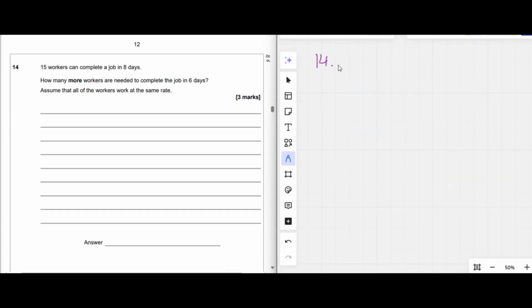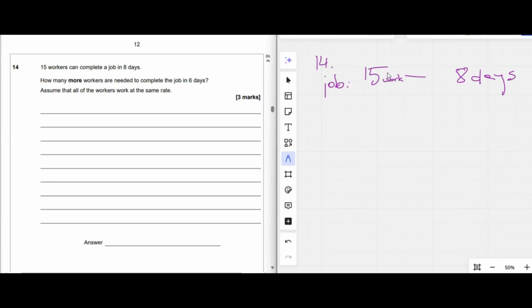Next we have: 15 workers can complete a job in 8 days. How many more workers are needed to complete the job in 6 days?